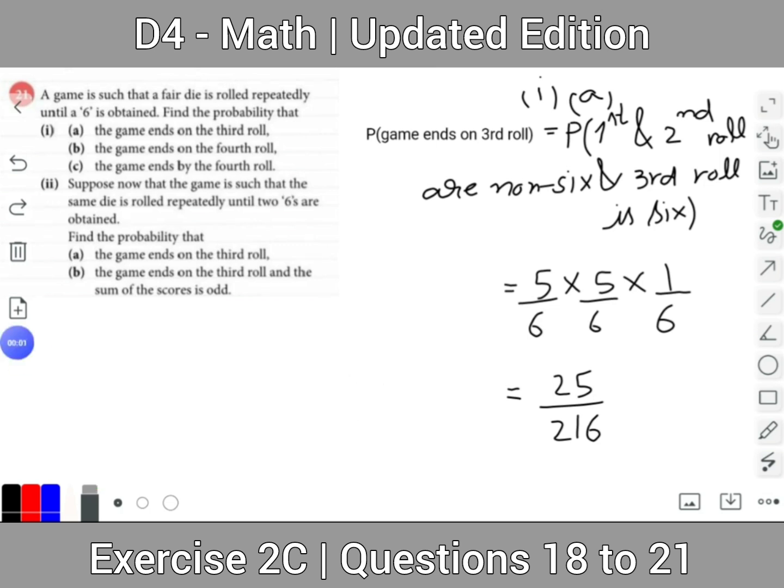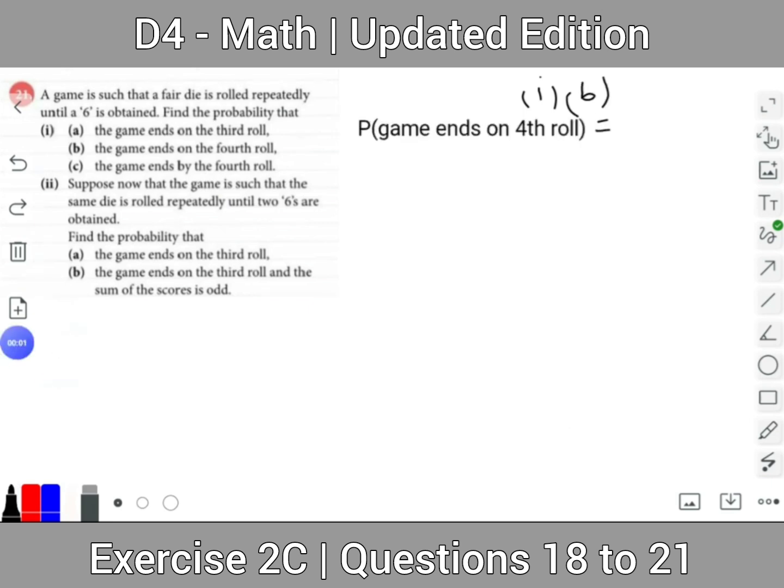So the probability that game ends on third roll will be equals to 25/216. In the part 1b, we have to find out the probability that the game ends on the fourth roll.